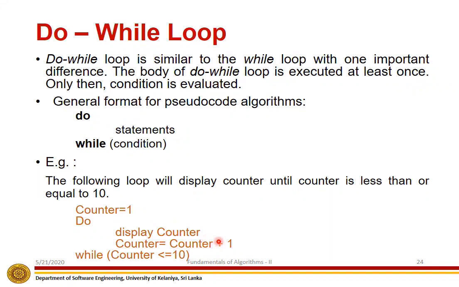Now 2 plus 1 equals 3, count is 3, check the condition, 3 is less than or equal to 10, again display the counter. Like that it will go until 10. After displaying 10, count equals 10 plus 1, which means count is 11. 11 is greater than 10. Now the loop breaks.